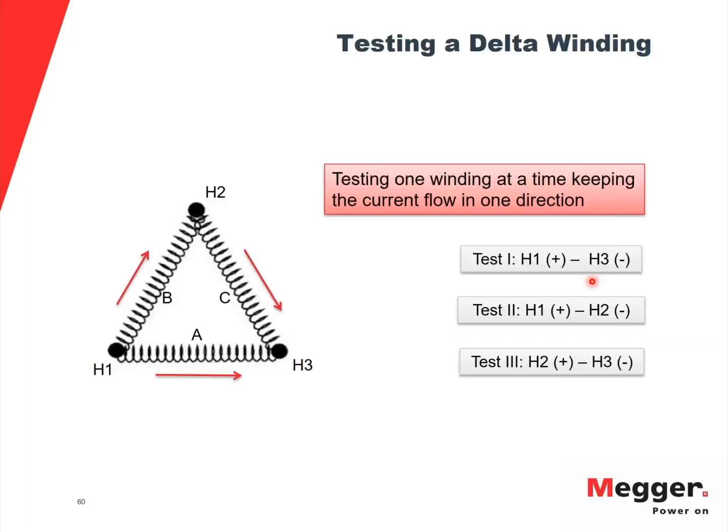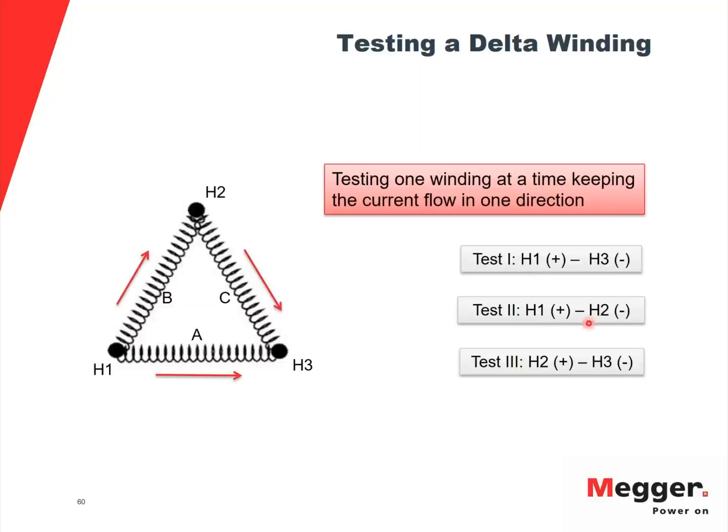If I have a delta winding, you can see that if I test A phase, the current would flow from 1 to 3. And because I have two windings that are in series, and that series combination is parallel to A phase, there would be a flow of current from H1, H2 to H2, H3, which means that I have already started working on B phase in the direction of 1 to 2.